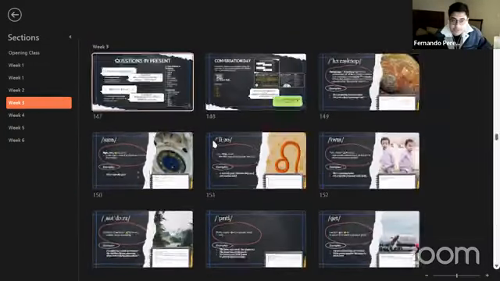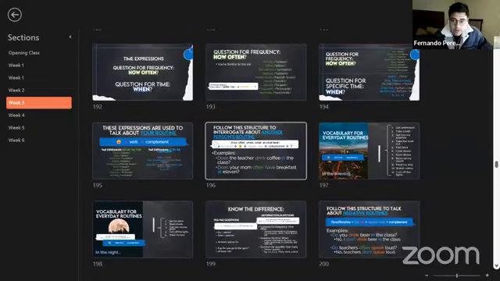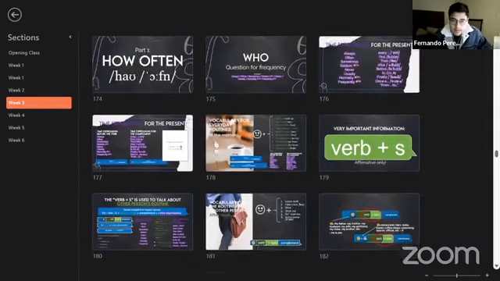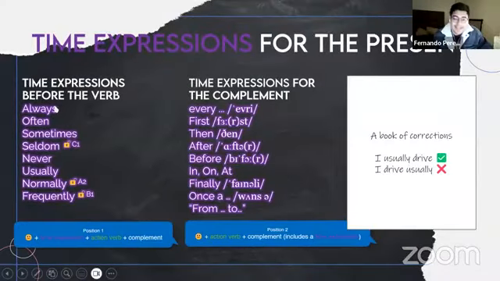Be careful with the exceptions, because there are some expressions that are before the verb. This is a list of exceptions. Always, often, sometimes, seldom, never, usually, normally, and frequently go before the action verb.